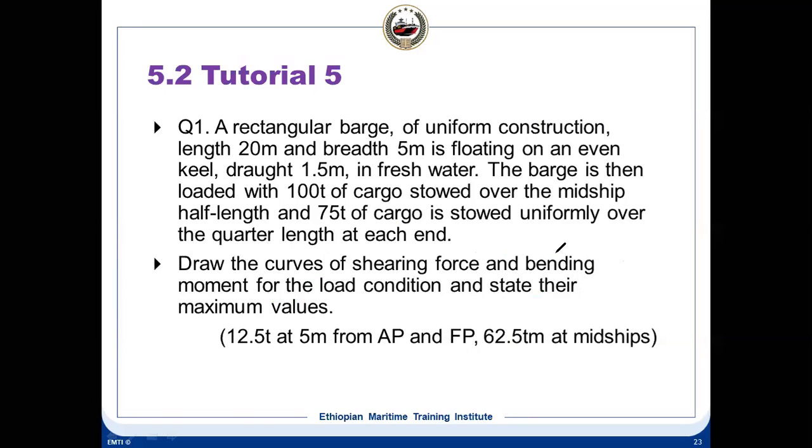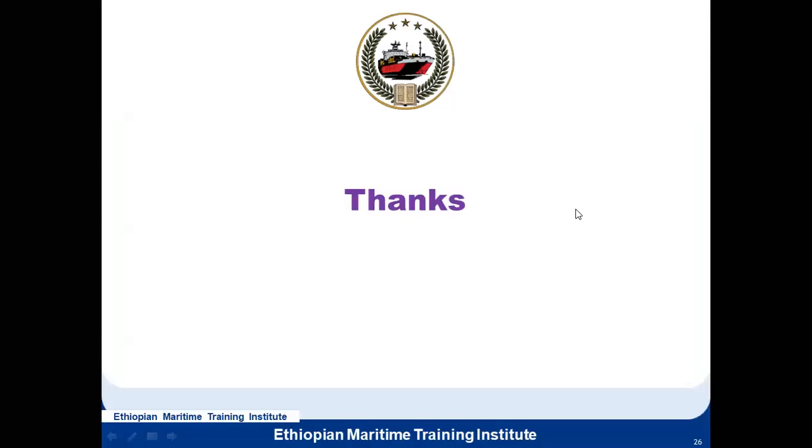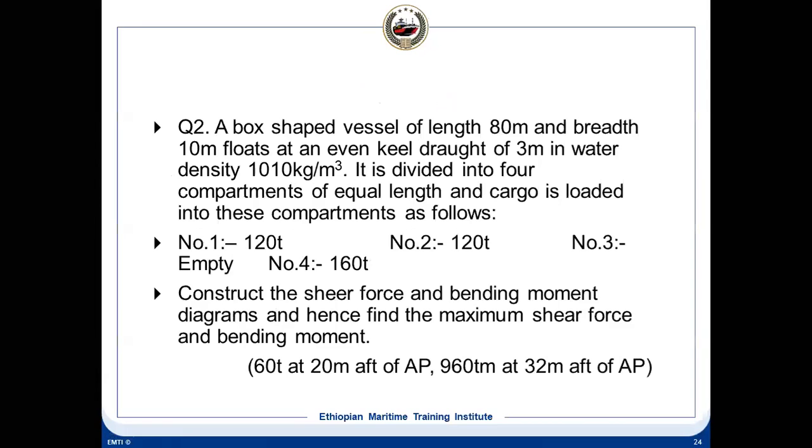When you go to question number 3, it says "when", and it's really clear that we are supposed to subtract the mass loaded from the displacement to find the light displacement. But when we come to number 2, it's not really clear for me because there is no explanation.